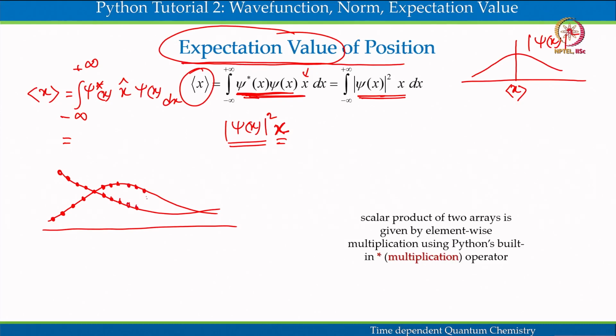It is a simple scalar multiplication, so each element is multiplied to get the final form of the total function. Each element is defined by its own grid point. Corresponding to each grid point, I have two elements coming from the two functions, and they need to be multiplied. So it is an element-wise multiplication because it is a scalar multiplication.